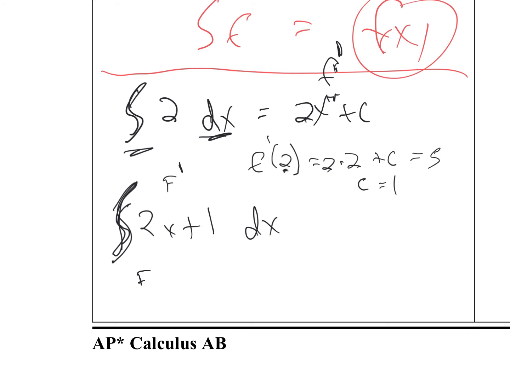You get 2x squared divided by 2, plus x, plus the constant. Where did you get the x? Oh, yeah, it's 1 times x to the 0. Plus x plus c.